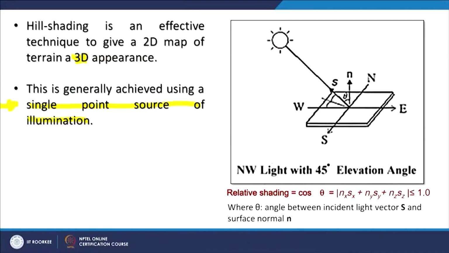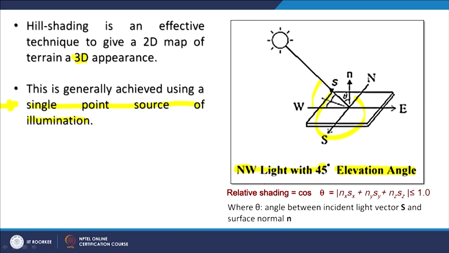So, as I have mentioned, generally the light is from the northwest at 45 degrees, and it is measured with reference to north. So, it would be like this. And the elevation angle you can choose; generally it is also kept at 45 degrees.